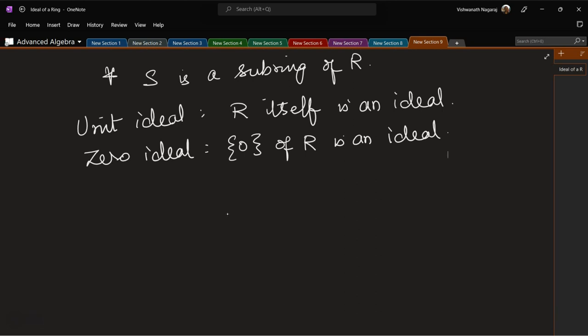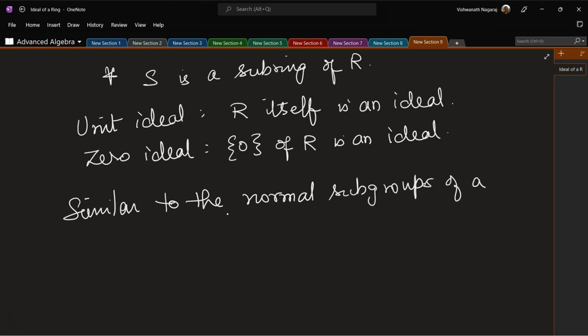Okay. So if we go back a little bit, you might realize that it is quite similar to the normal subgroups of a group.